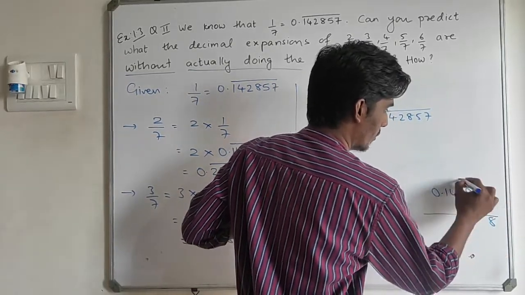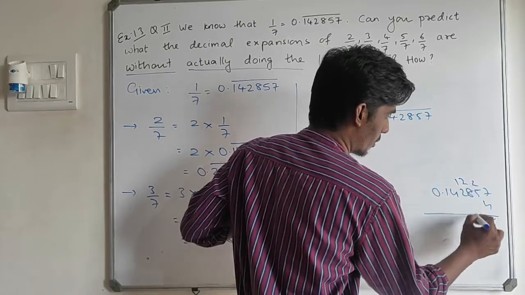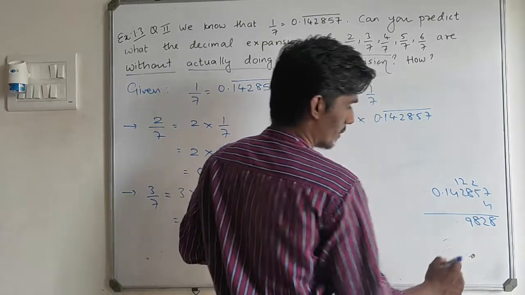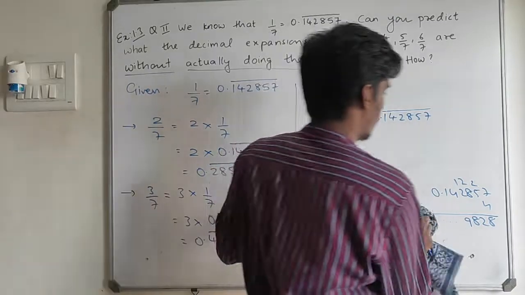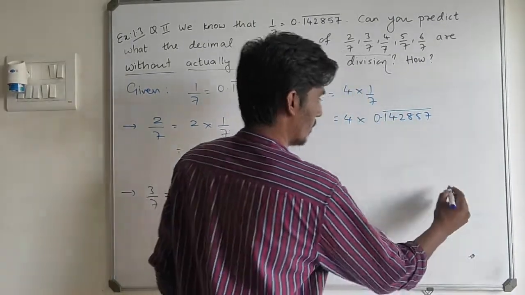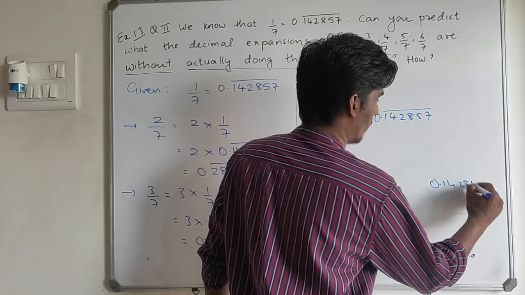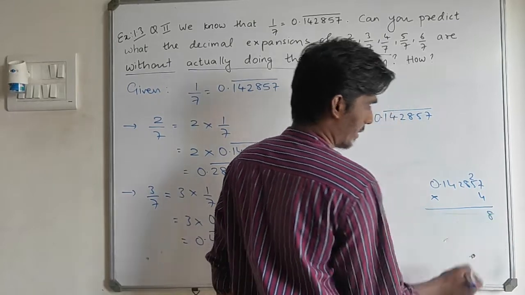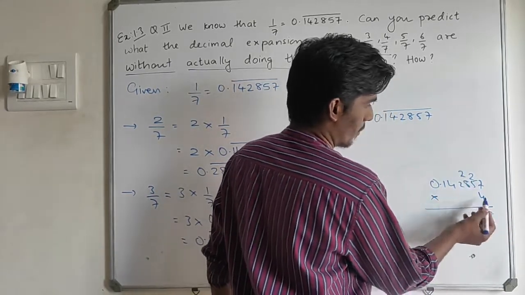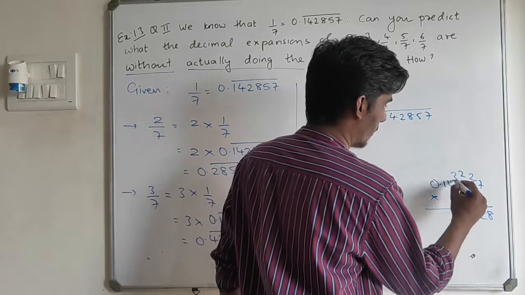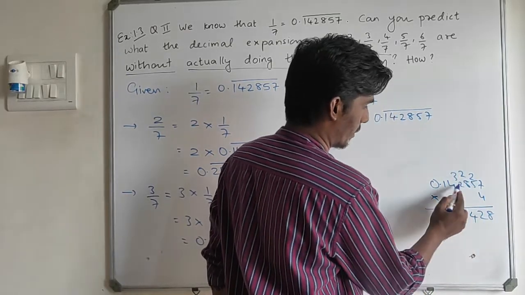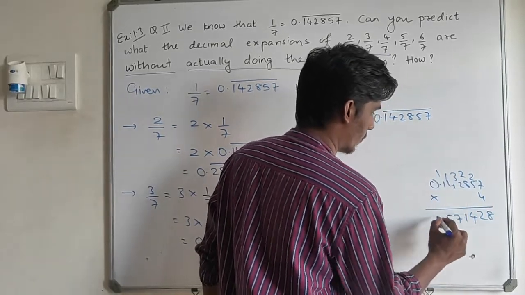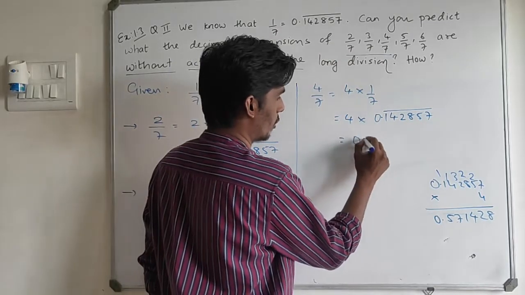It's 28, 22, 16 plus 2, 18, 22, 4 8s are 32, 34, 4 2s are 8, 8 plus 3, it's what? 11, 16 plus 1, 17, 4 1s are 4, it's 5, 0. So the answer is what?